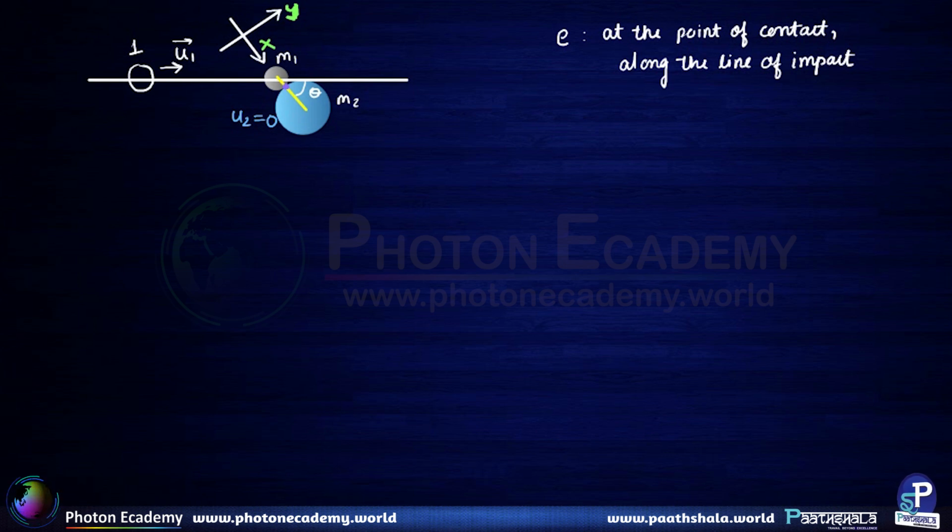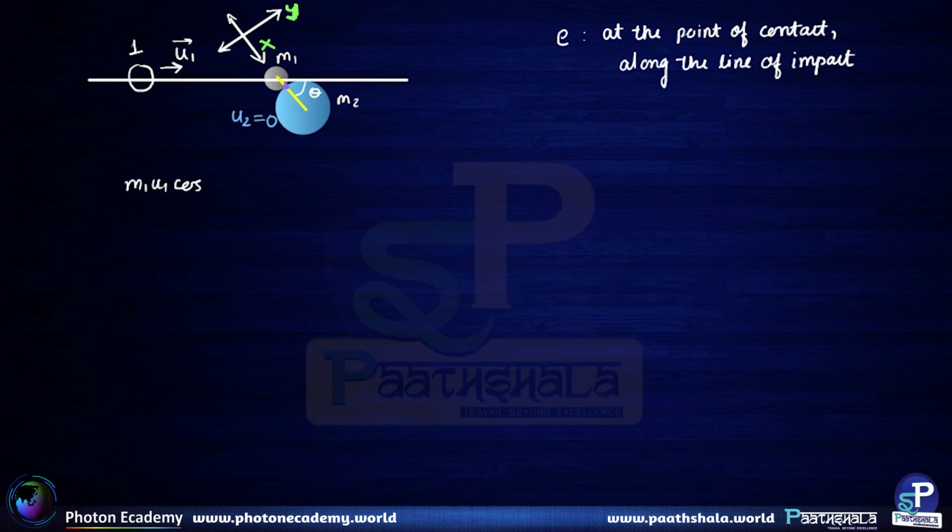So let us say we first choose the x-axis. Then the initial momentum of mass 1 along the x-axis was m1 u1 cos theta. The initial momentum of mass 2 along the x-axis was 0.